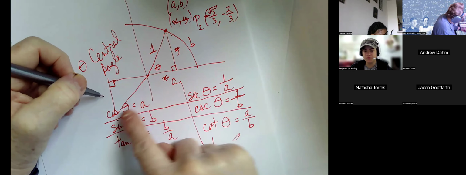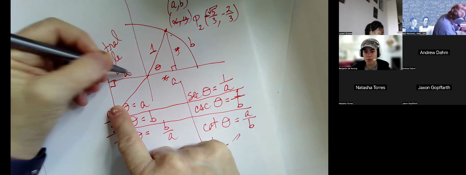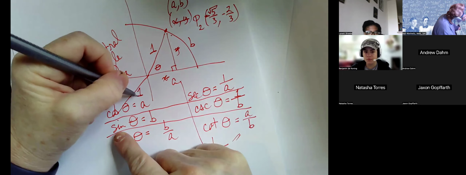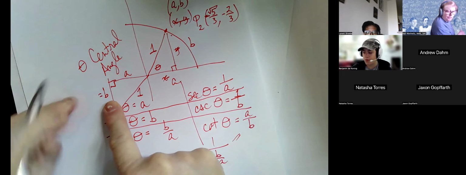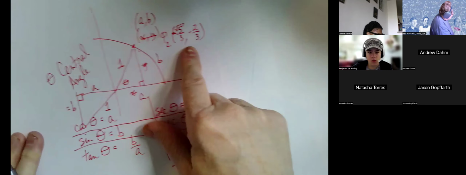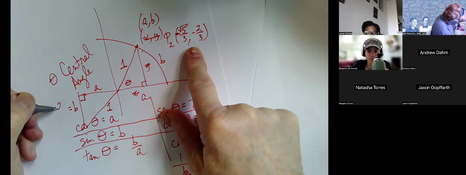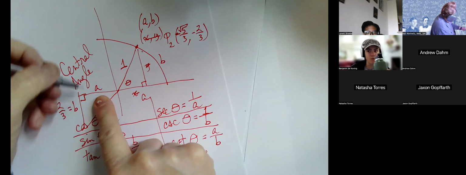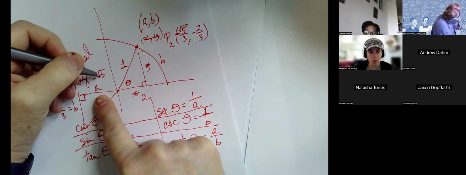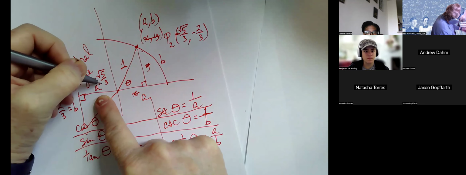So we still have A and B. We still have 1, but now we know that B is negative 2/3, and A is negative root 5 over 3.